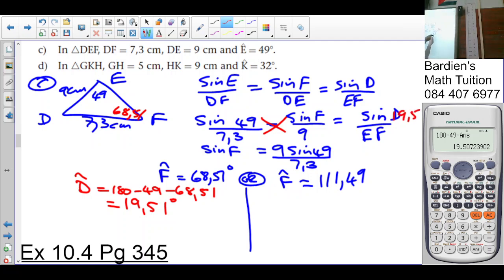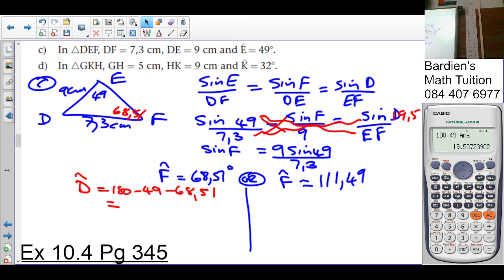So can we calculate EF now? Yes. So I'm going with that one there. You all okay with that? Not 90. Can't be too small. What is it? 62.49. How did I get it?